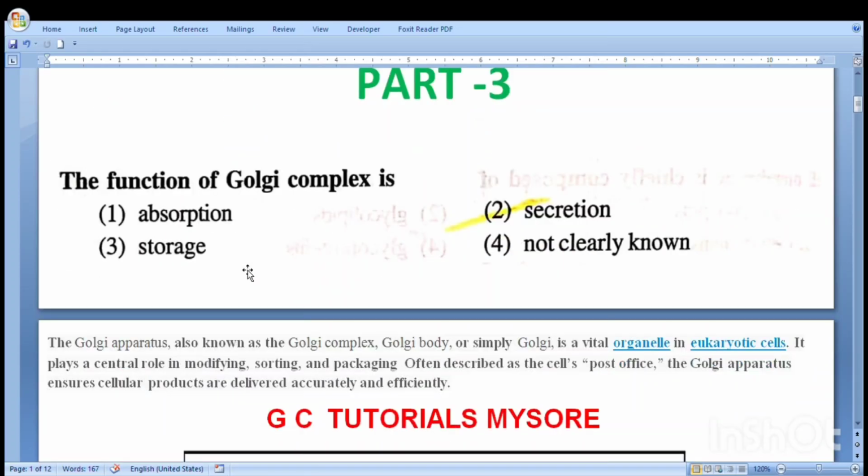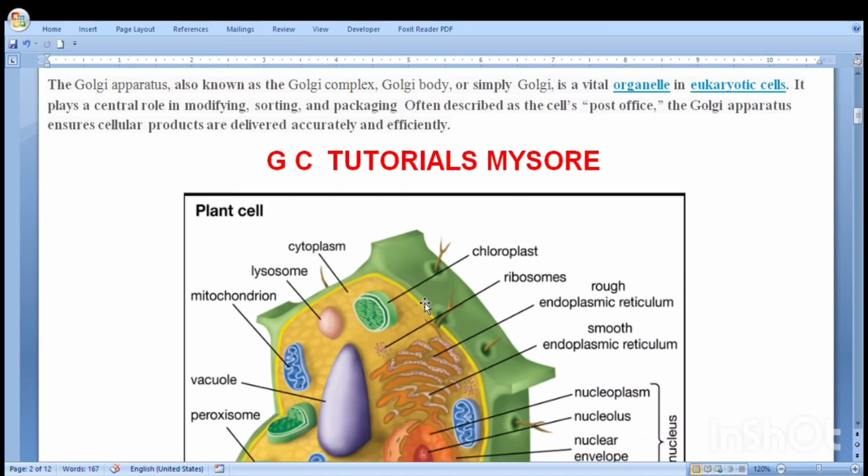What is the function of the Golgi complex? The Golgi complex is one of the main organelles present in both the plant cell and the animal cell.